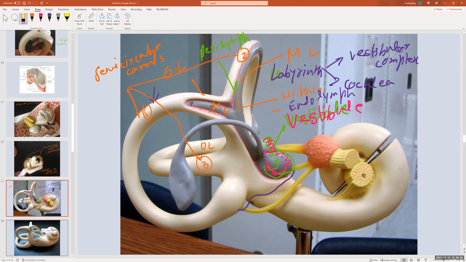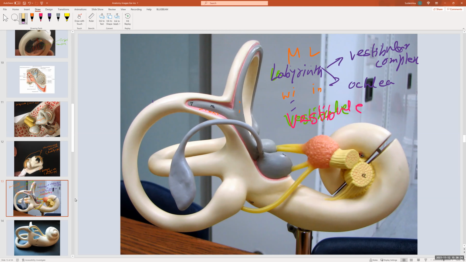Okay, all right, so let me see if I can clean some of these. The vestibular complex has two parts to it, saccule and utricle, but I'm not splitting hairs on that. Our focus is the perception and transmission of the sound. Vestibule is for balance.